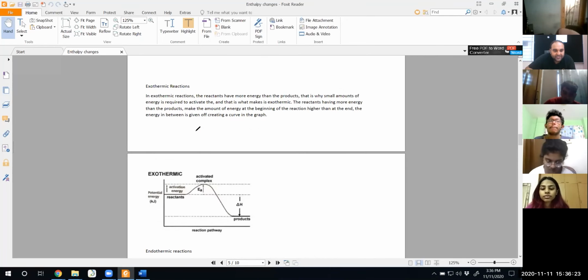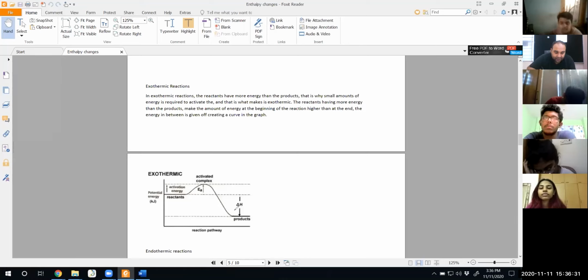So for an exothermic reaction, when the reactants react to give us the products, the energy is released from the system to the surrounding. So overall, the system is losing energy. That's why the system will have a negative value.